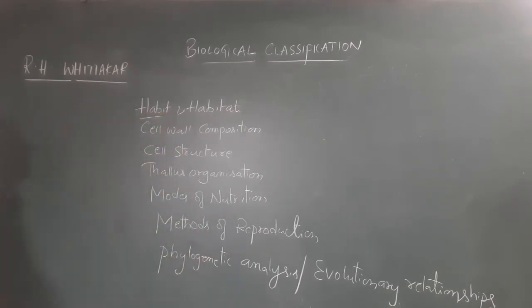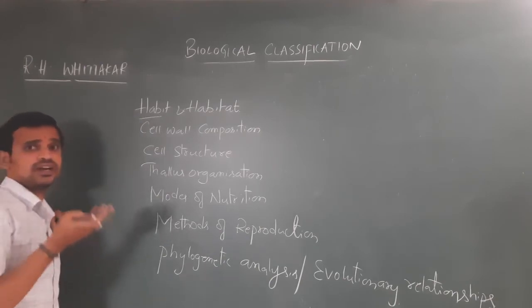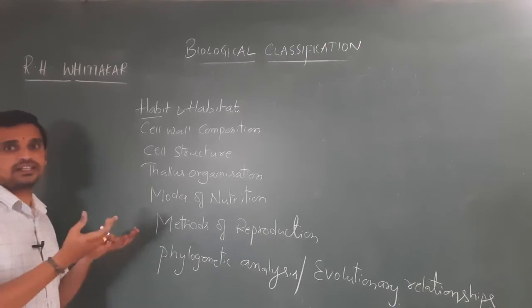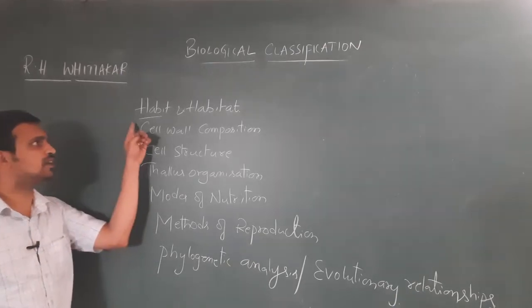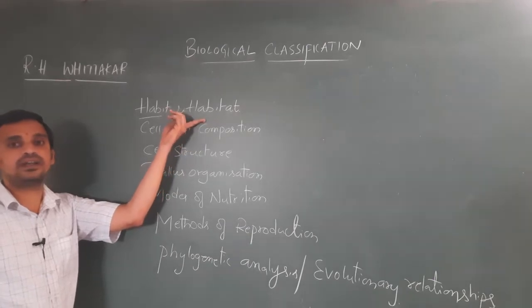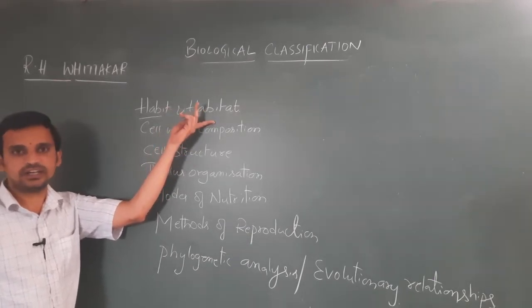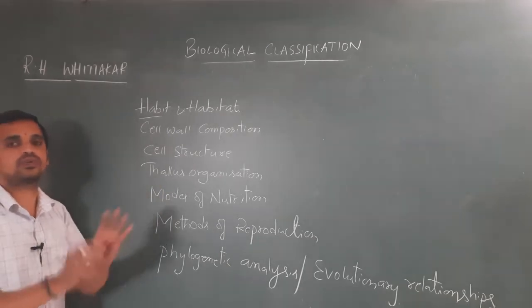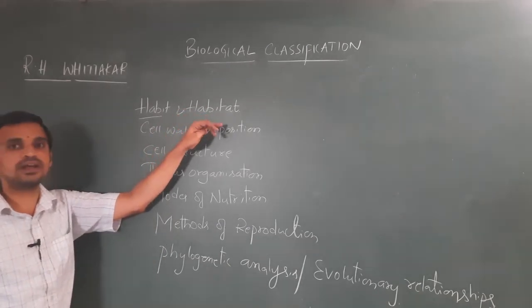First we should understand habit. Habit is nothing but their normal structure and development. What is the structure of the organism and how the organism can develop comes under habit. Habitat refers to the climatic conditions, in which climate the particular organism can live.